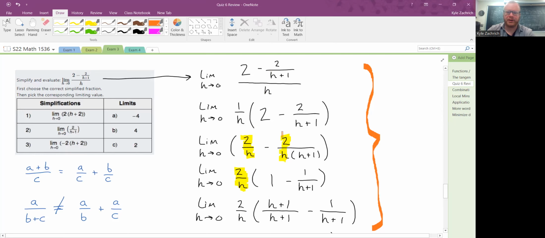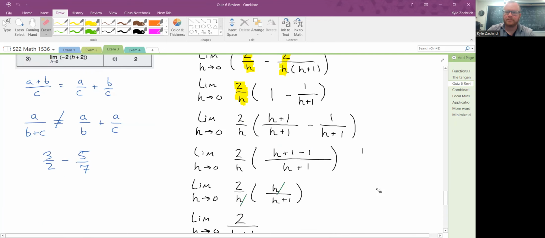Each step in here is just algebra. I'm taking that 1 over h out, multiplying both of these by h, taking out that common factor of 2 over h, and combining these two fractions by making a common denominator.